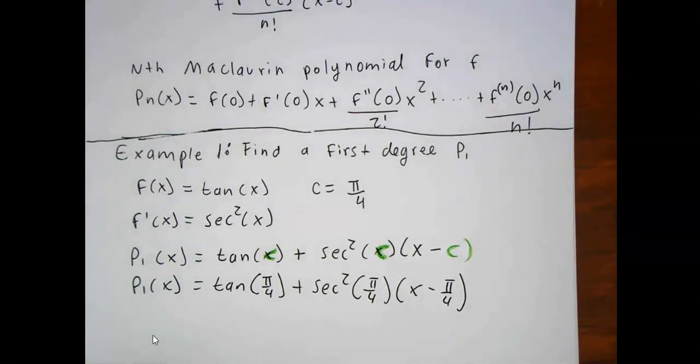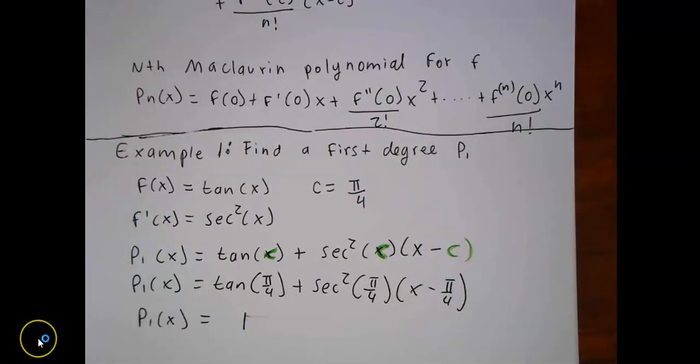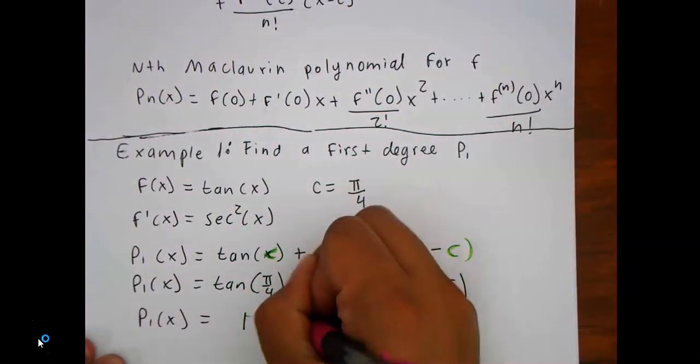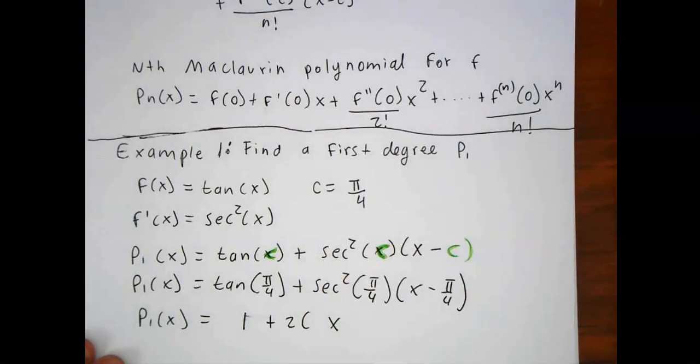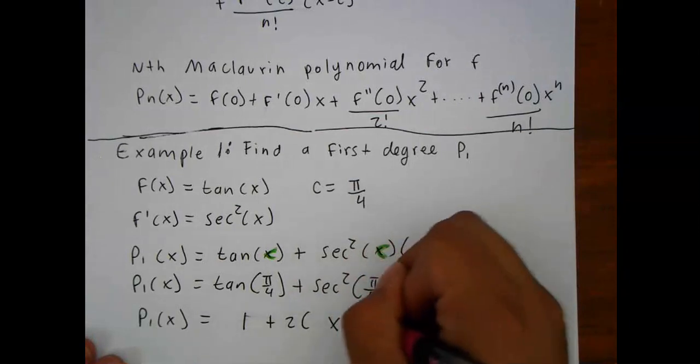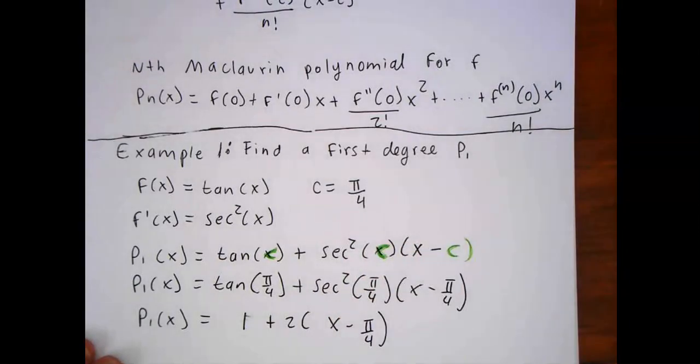I don't know if WebAssign will allow this answer, but you can simplify. Tangent at pi over 4 will be 1. Secant squared at pi over 4 will be 2. And then we have x minus pi over 4.